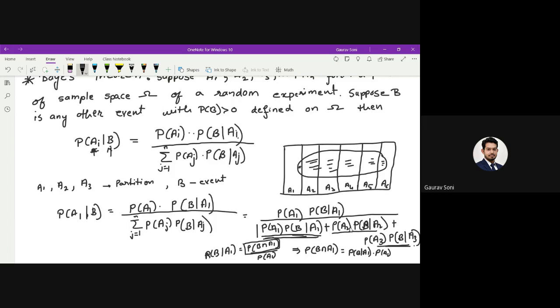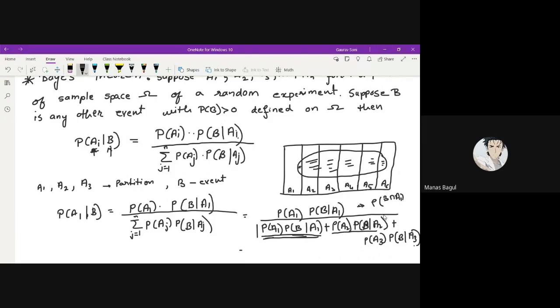That is the denominator. What is the numerator? Probability of B intersection A1. Do you feel that this is obvious?